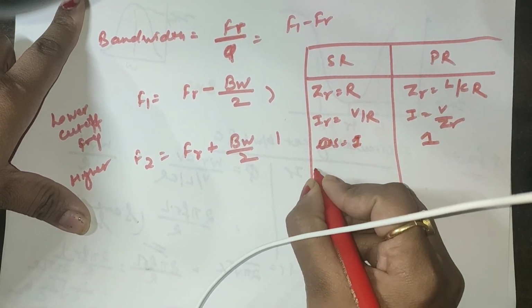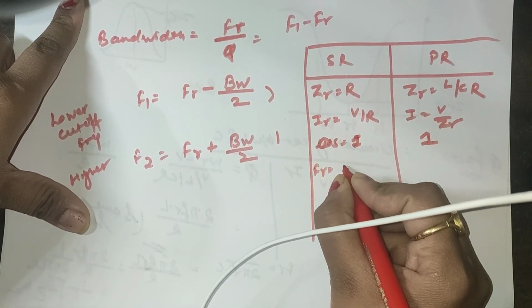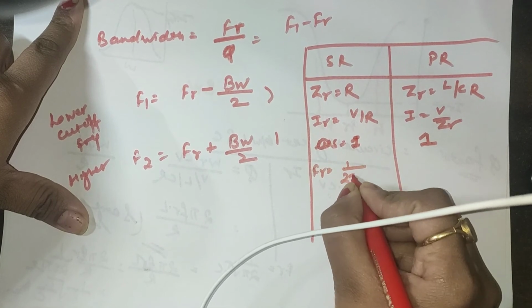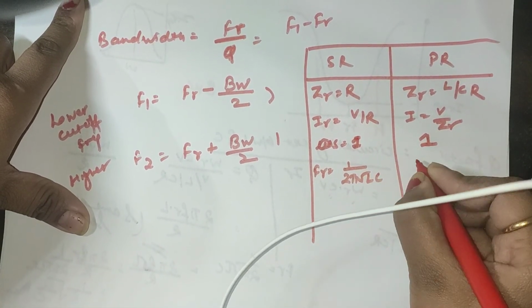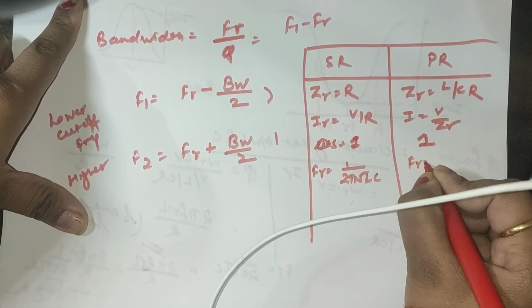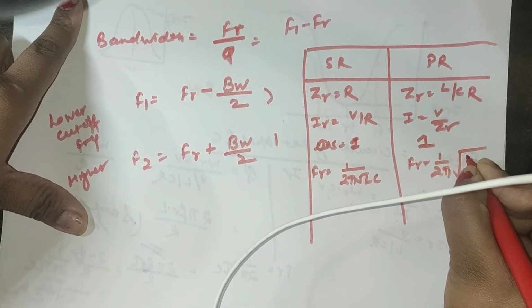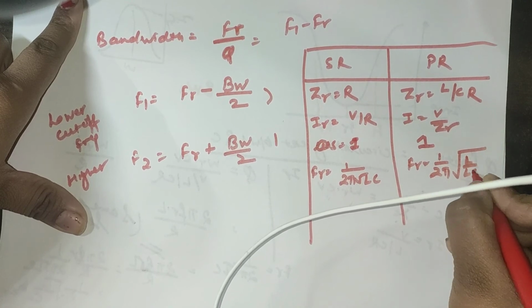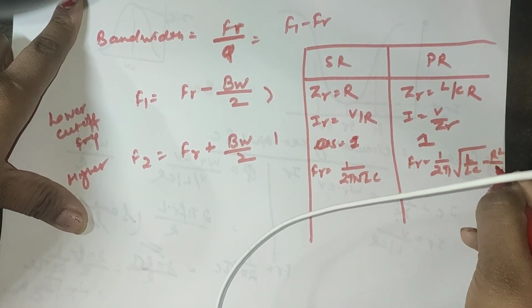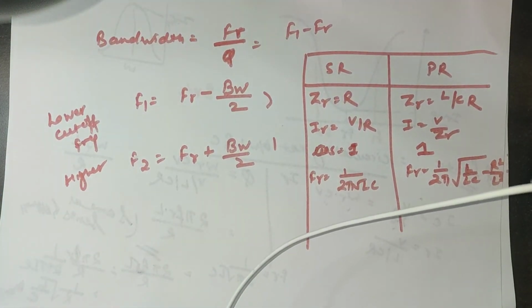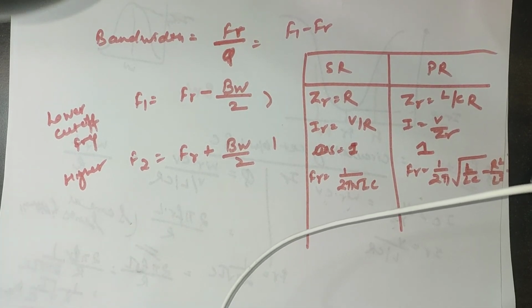रेजोनेंट फ्रिक्वेंसी अगर हम बात करें, सीरीज रेजोनेंस में 1 upon 2 pi under root LC. पैरेलल रेजोनेंस में 1/2 पाई अंडर रूट 1/LC minus R square upon L square, which we have derived in this lecture only.